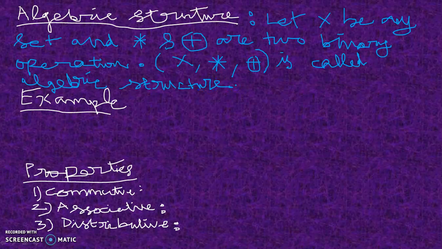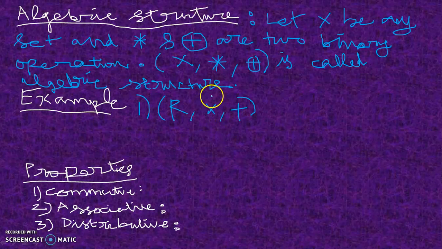I can give a lot of examples for this. Take, for example, the first example I am taking here: the set of real numbers, and then multiplication and plus. You remember that multiplication and addition are two binary operations.